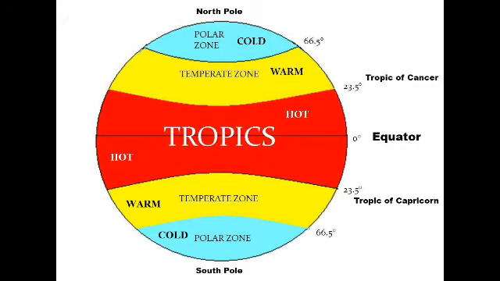Then the areas between the Arctic Circle and Tropic of Cancer, and the Antarctic Circle and Tropic of Capricorn both have medium temperature. These areas are called temperate zones.